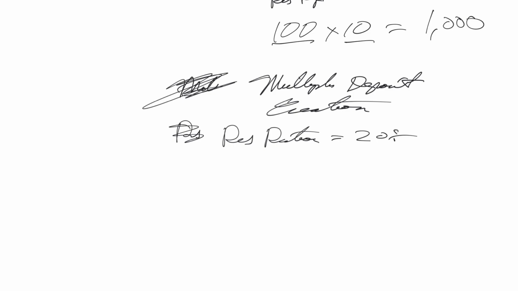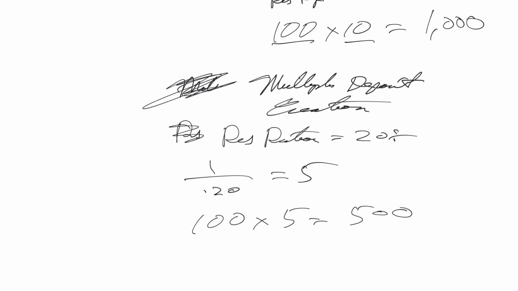Well, let's see what the multiplier is. 1 over 0.2 equals 5. So by doubling the reserve requirement from 10% to 20%, the multiplier has fallen in half from 10 to 5. So this time, the money supply goes from 100 to 500.